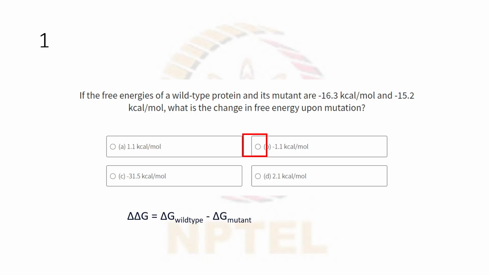So the sign also has a crucial role. The negative sign here denotes a destabilizing mutation. The higher the total free energy, the more stable the protein. This mutation is reducing the free energy, so it is a destabilizing mutation.